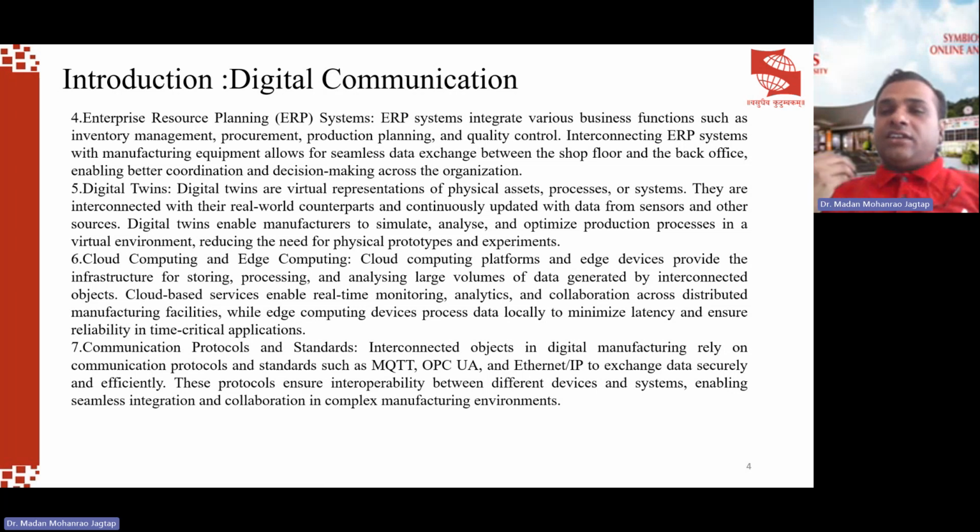When I give a particular demand, it gets recorded by the ERP system. When I give that demand to the shop floor, it gets communicated to the machines, and that demand fulfillment is done by those machines. We can do procurement with the help of the ERP system. We can do inventory management, production planning, and quality control.